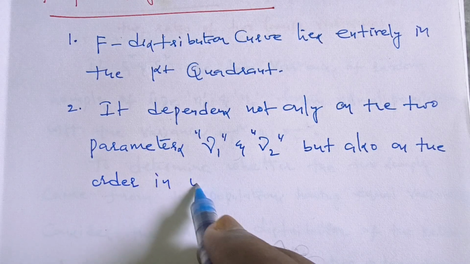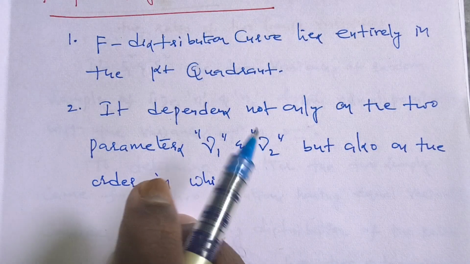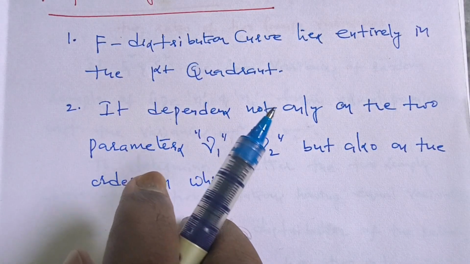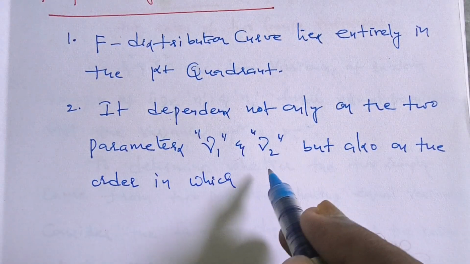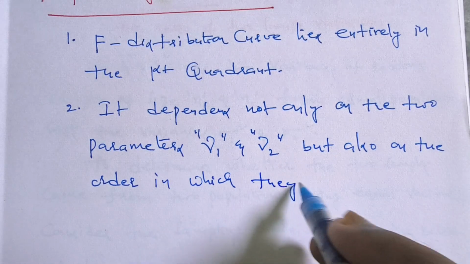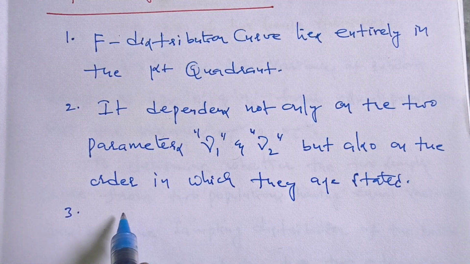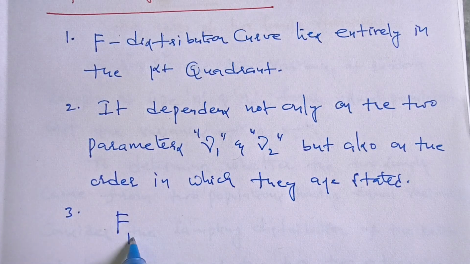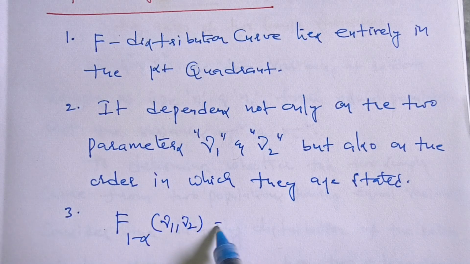The second point is that it depends not only on the two parameters, degrees of freedom nu1 and nu2, but also on the order in which they are stated. So here there is a preference for the order of nu1 and nu2. What is first and what is second? That is the order.